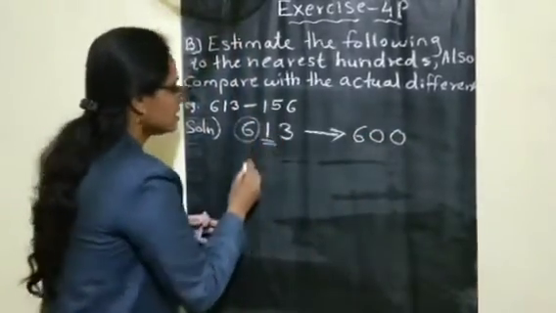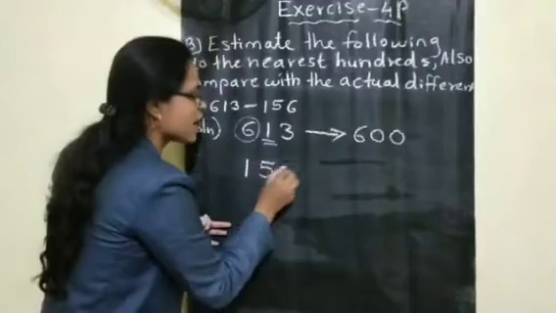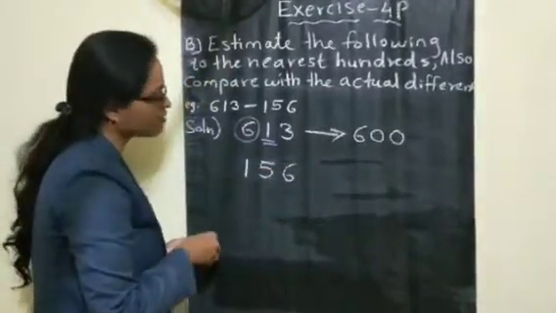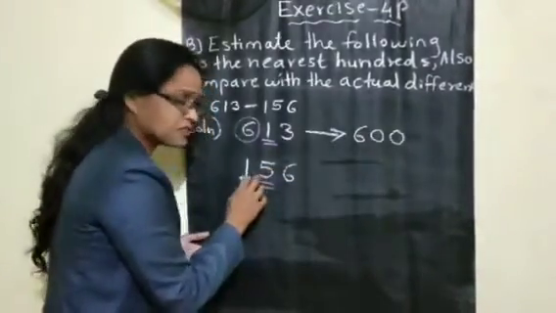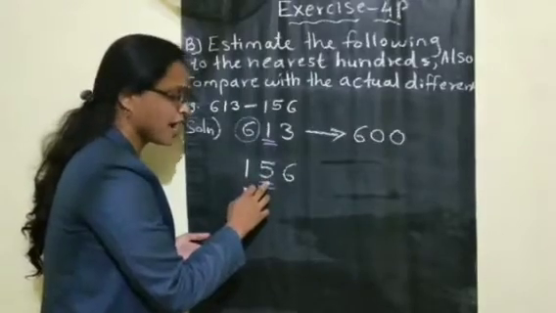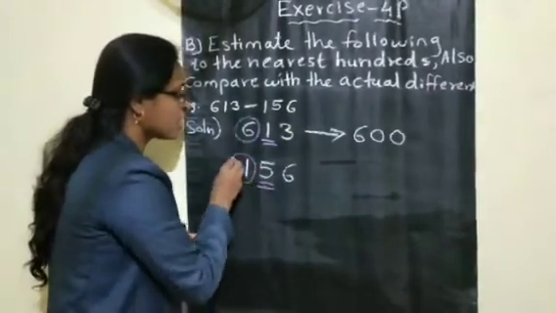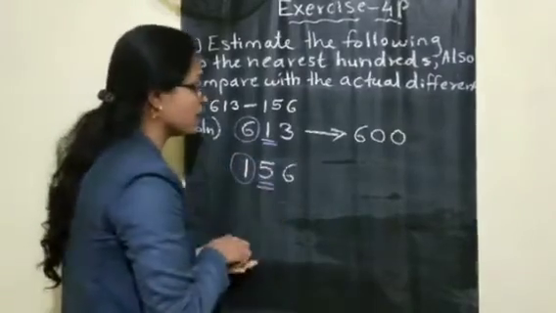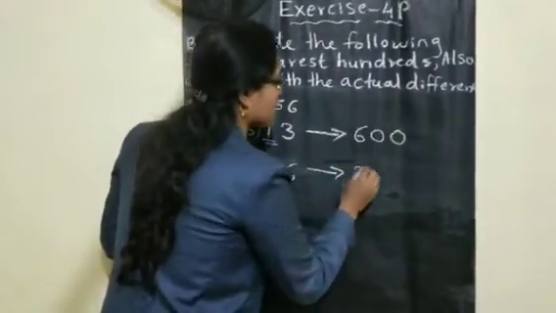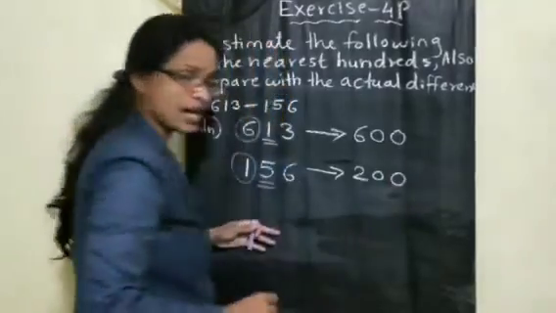Now let us take the next number. Second number is 156. If you observe, in the tens place the number is 5. And if the number is 5, the 100 place number will change to the next number. 100 will change to 200.